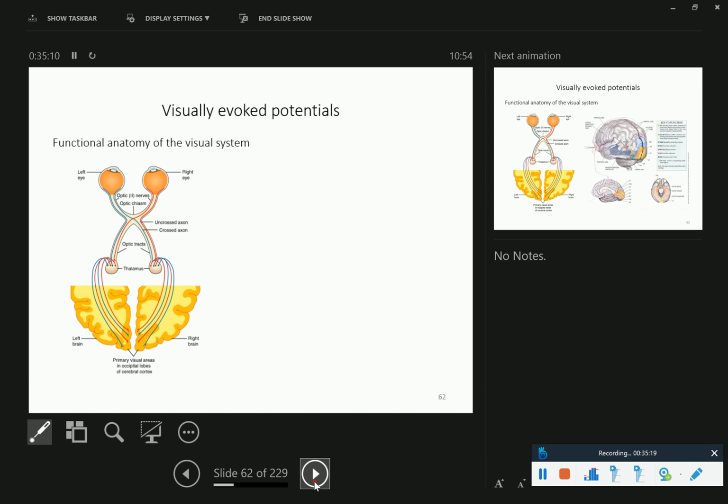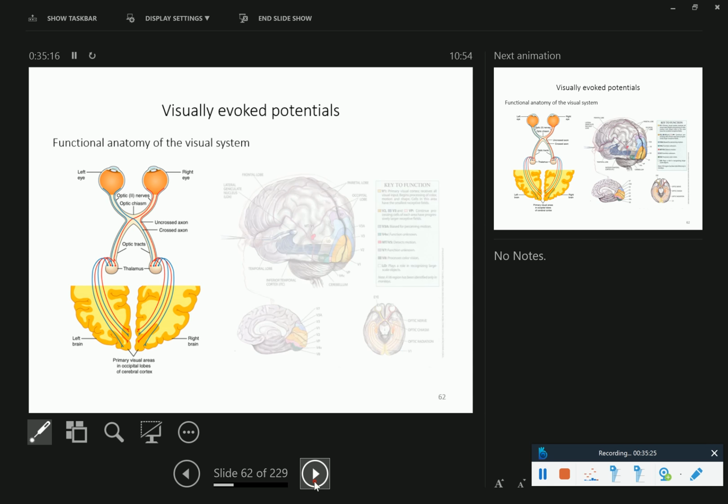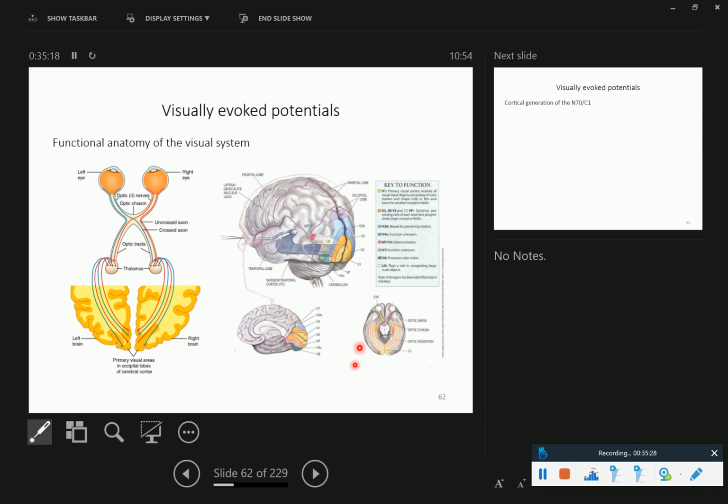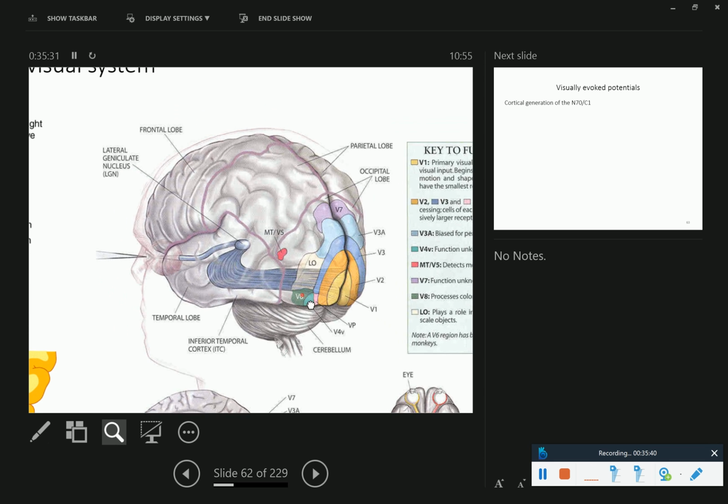I already implied that you know what's going on, so I think everybody's familiar with this. I think this is always a nice representation of the visual system. And it's also not completely unimportant right now, because I have to tell you a little bit about the functional anatomy.